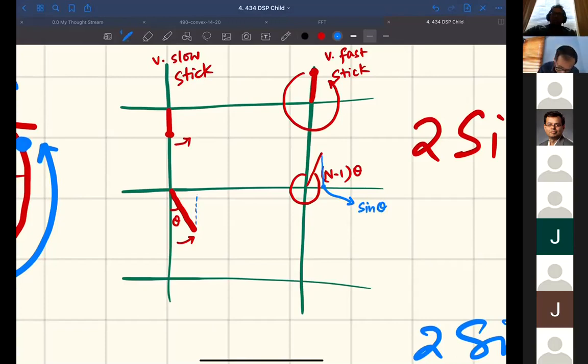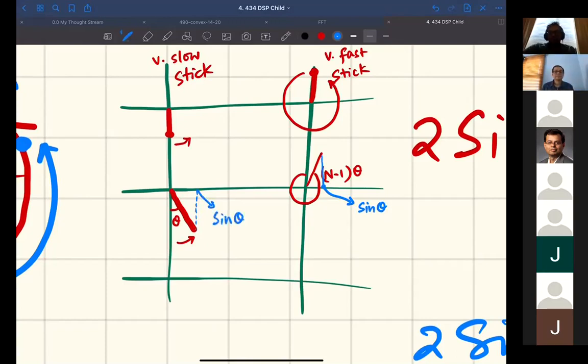This x-axis shadow is also sine theta. This y-axis shadow is negative, or you can call it negative j cos theta. And this y-axis shadow is positive j cos theta.